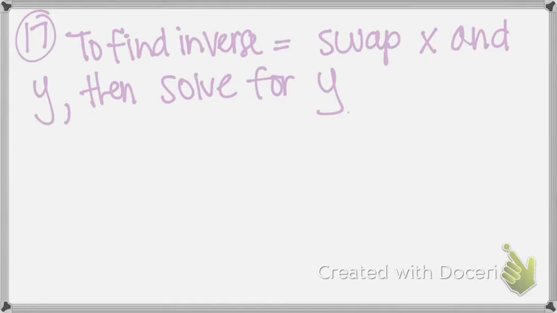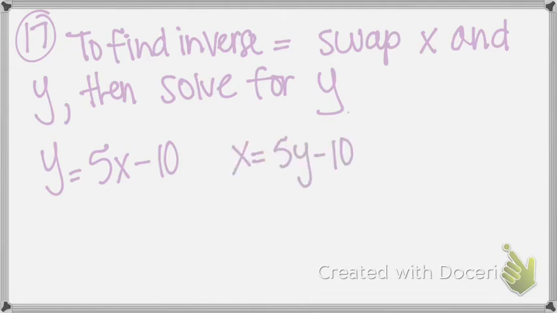Okay? So, we're going to start with this original function. Y equals 5x minus 10. All right, what I mean here by swapping the x and the y is literally swapping the x and the y. All I did was swap the spots.